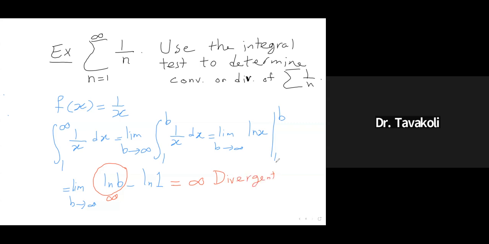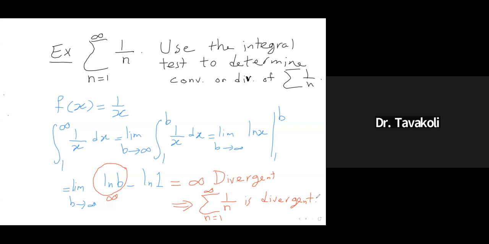Therefore, by the integral test, this series is also divergent. So using the integral test, we could conclude that this is divergent.